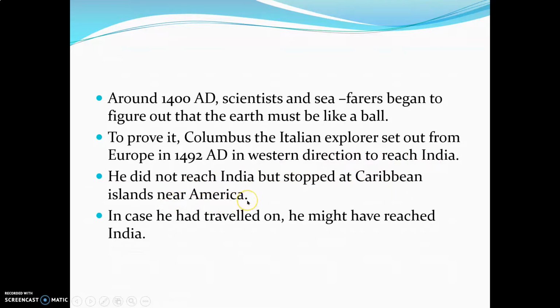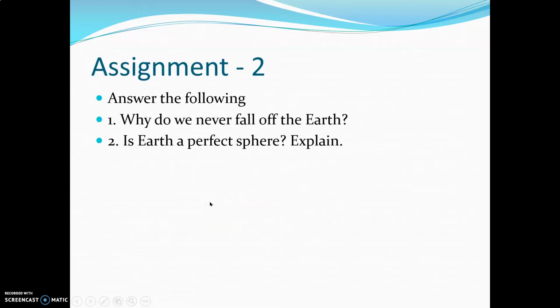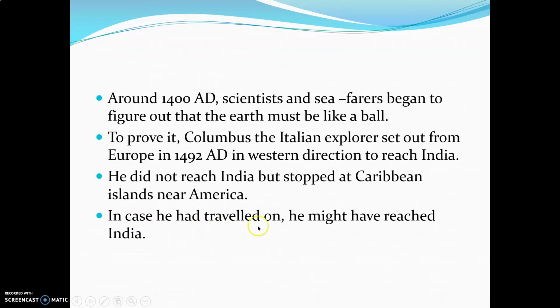Going westward from Europe, he first reached America, and only if he had passed on could he have reached India. But he stopped there, near America. In case he had traveled on, he might have reached India.